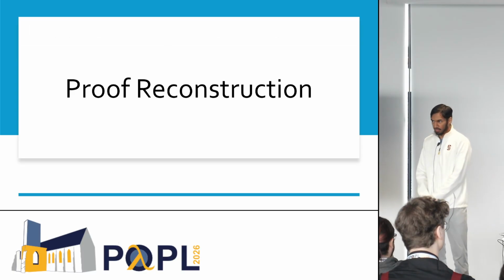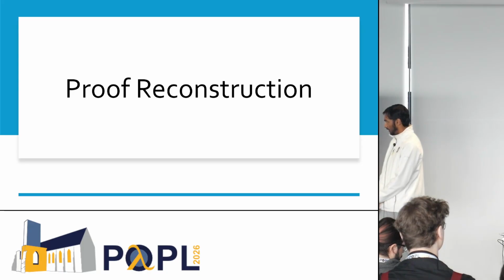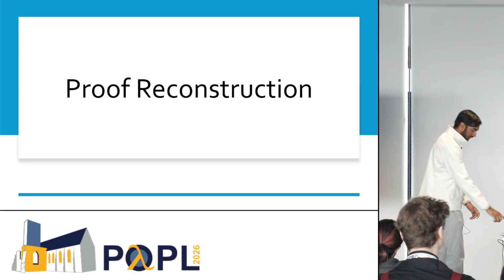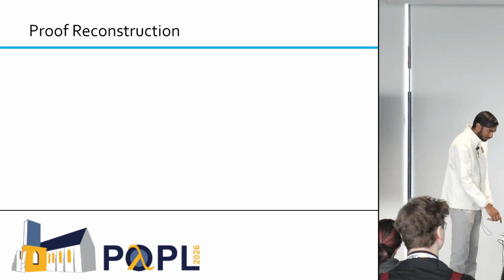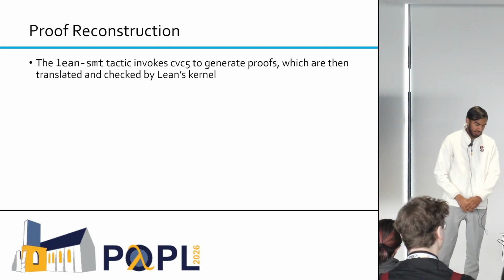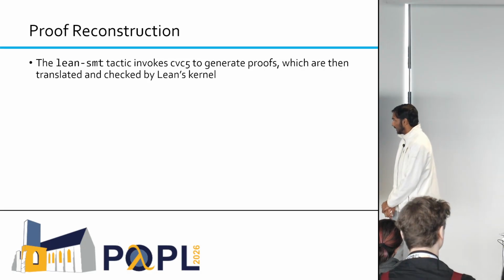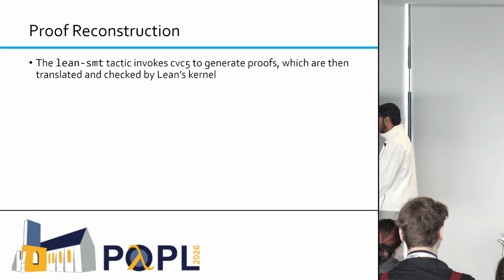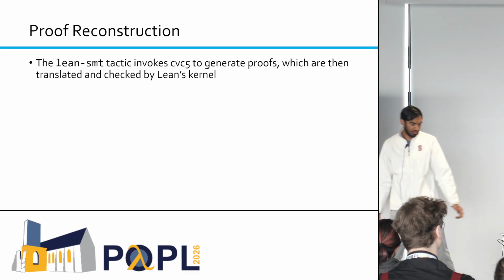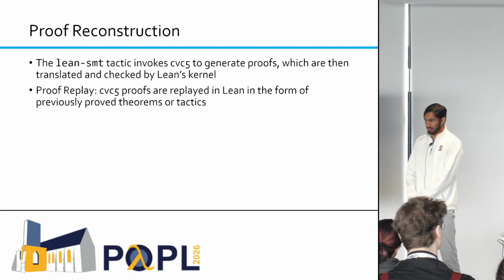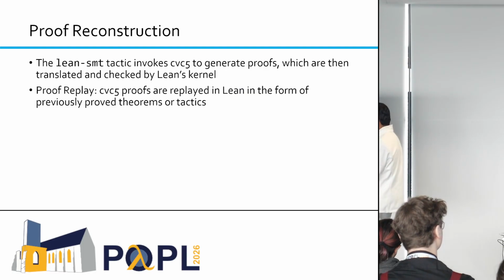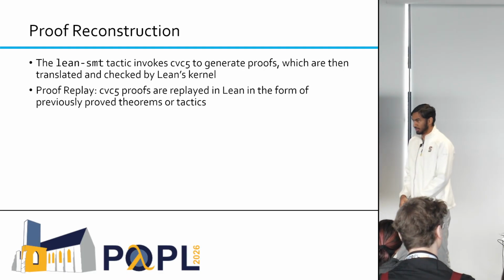So to test our formalization, we do proof reconstruction. Lean SMT is a tactic that from Lean you can call CVC5 to generate a proof, and then you replay that proof step by step using a process called proof replay. CVC5 proofs are replayed in Lean in the form of Lean theorems and tactics.